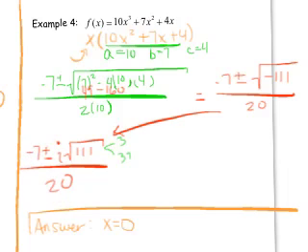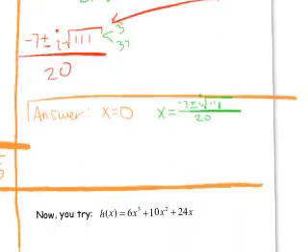No. Doesn't all three of them have to divide by something? They don't. So this is final. So x equals negative 7 plus or minus i square root 111, I forgot my i, all over 20. Any questions? All right, y'all do the bottom two.